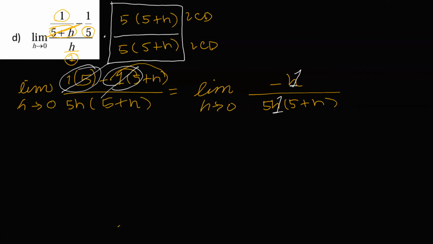So really we have the limit as h goes to 0 of negative 1 over 5 times 5 plus h. Now what happens when h is approaching 0? I have negative 1 over 25, and that is the final answer.